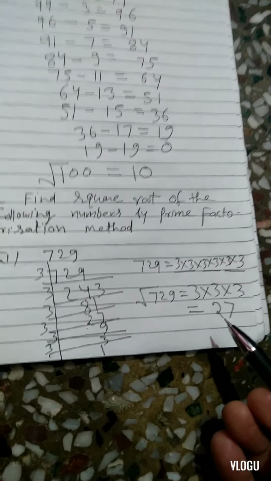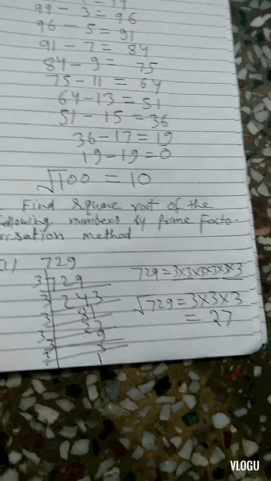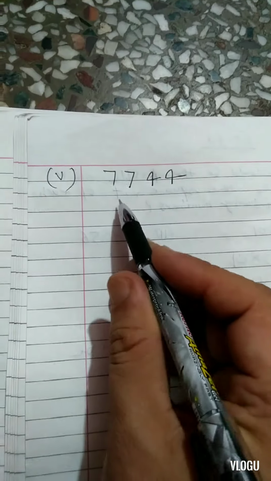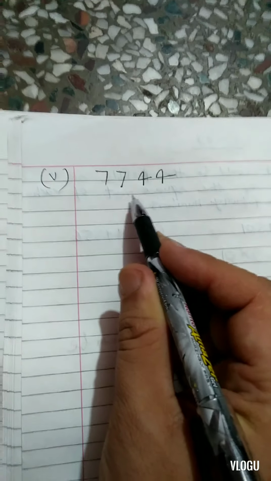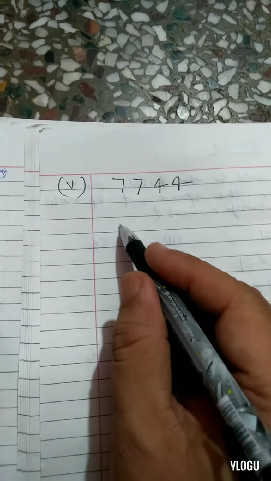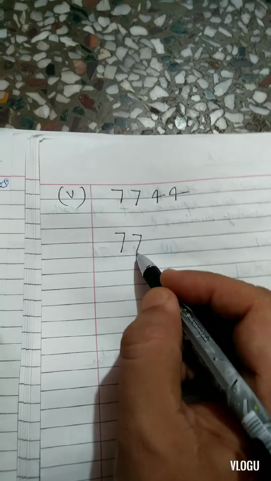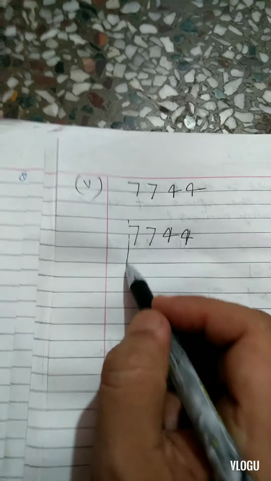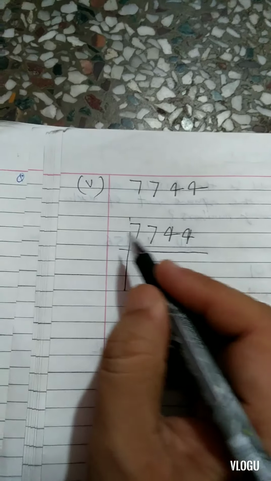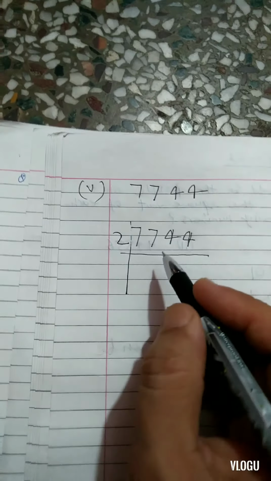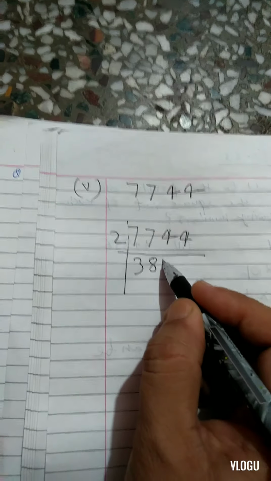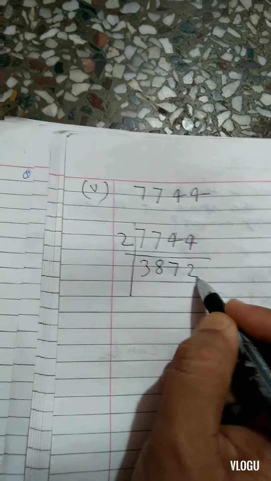Okay, students. Fifth part, 7744. So find its prime factorization. Divide it by 2, you will get 3872.